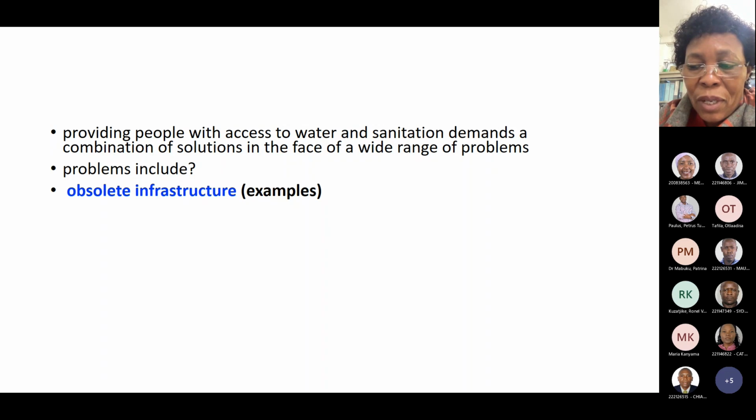Now, in Africa, again there are variations, but Africa remains one of the rapidly increasing population continents in the world.